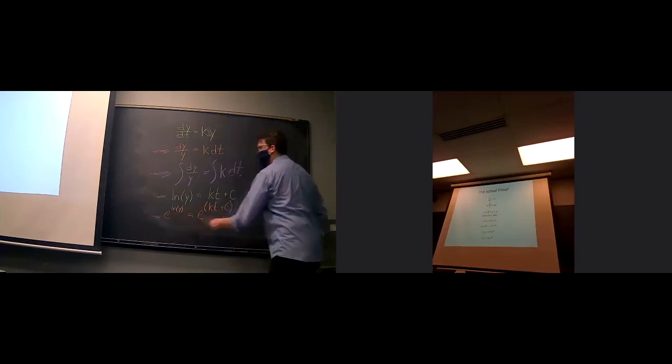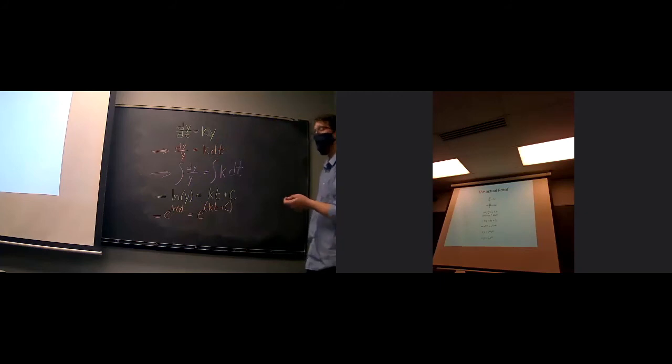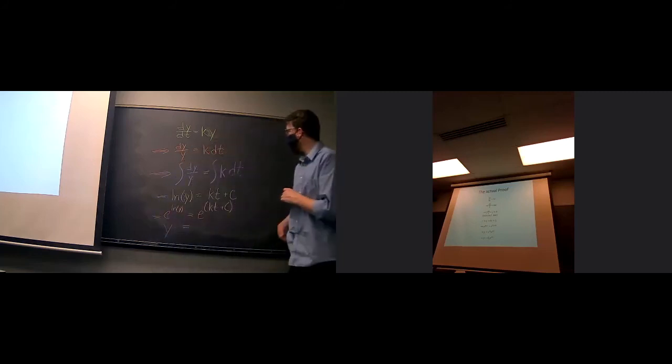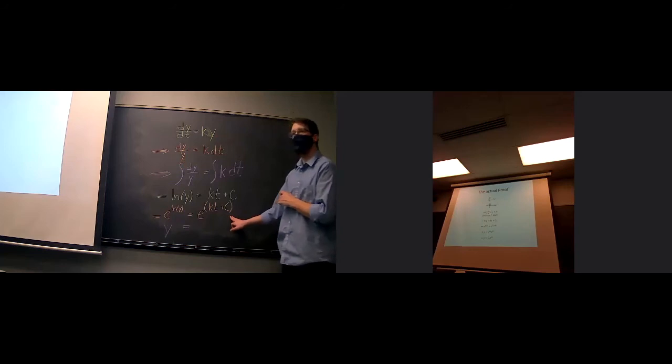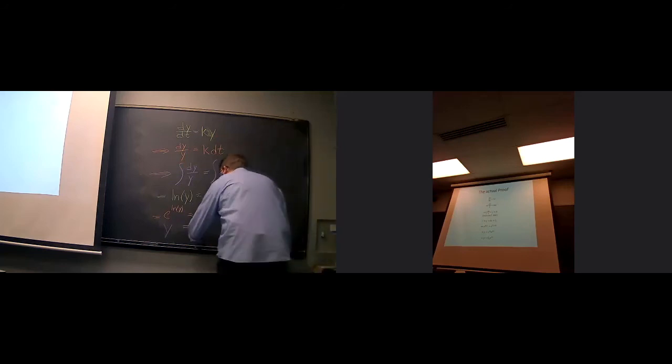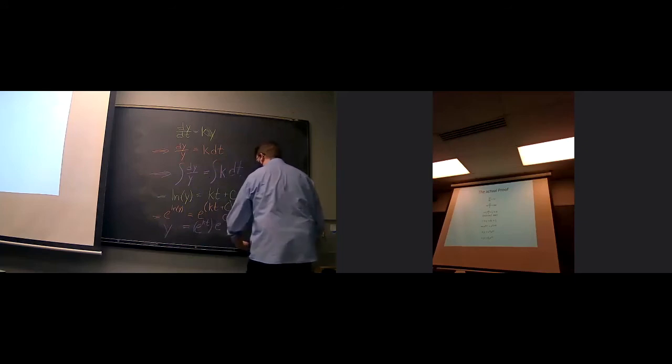Well, this left-hand side is going to become just y, right? And this right-hand side, notice we can break this up a little bit. We can break this up as e to the kt times e to some constant.